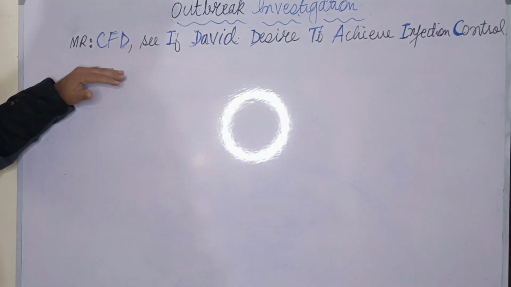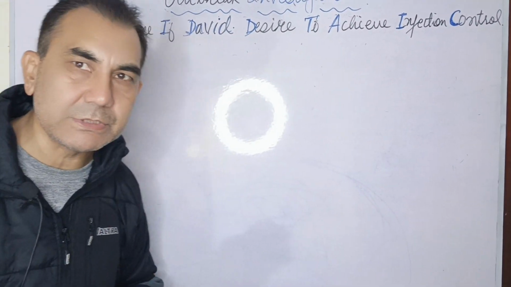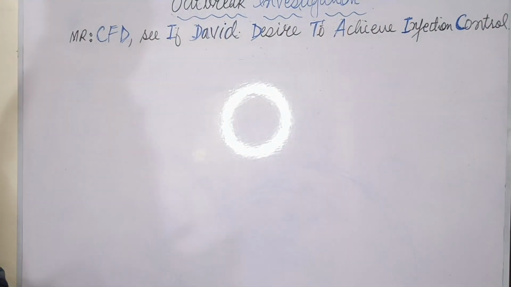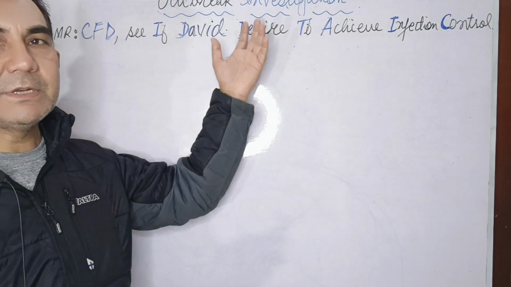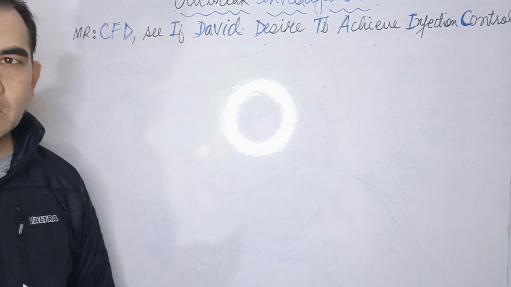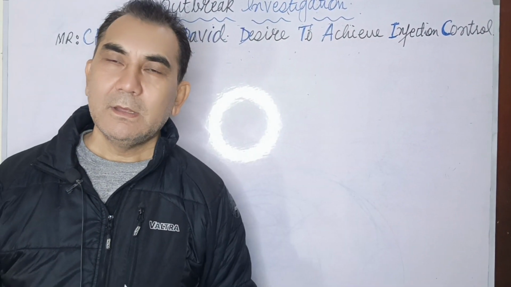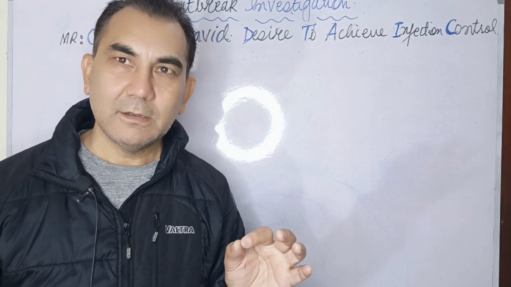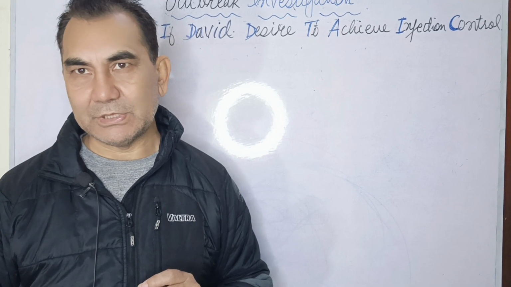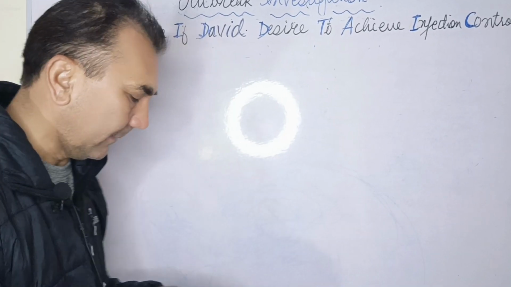I prepared a mnemonic for the 10 steps of the outbreak investigation. What is it? Mr. CFD, see if the David desire to achieve the infectious control. The first letter of every word explains the 10 steps of the outbreak investigation. Let's go through how it will be.